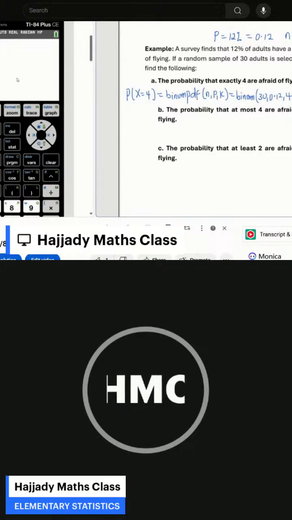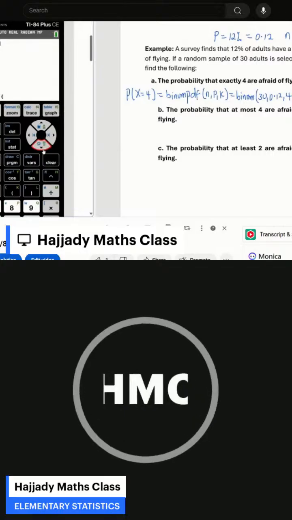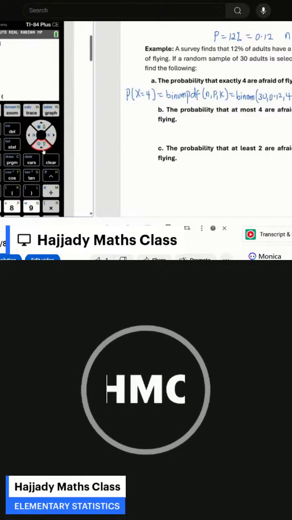Now let's do that using the TI-84. To do that, you press the second button and distribution. After that, you come down here to binomPDF. Click on binomPDF. Here we have the trials, which is the sample size N, with the value of 30.